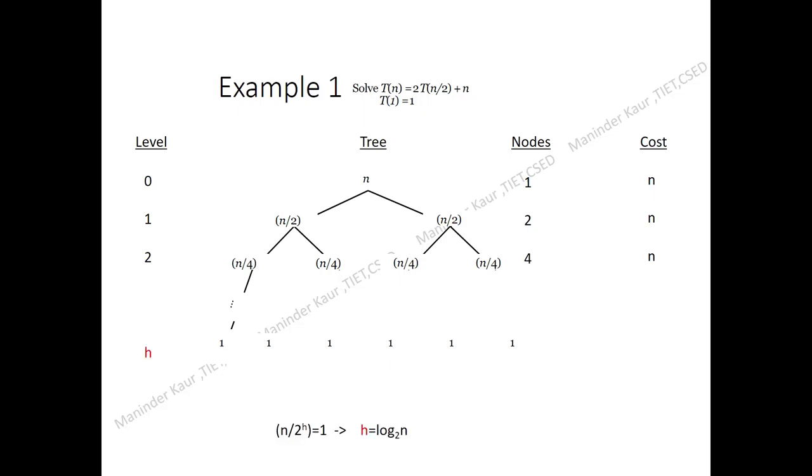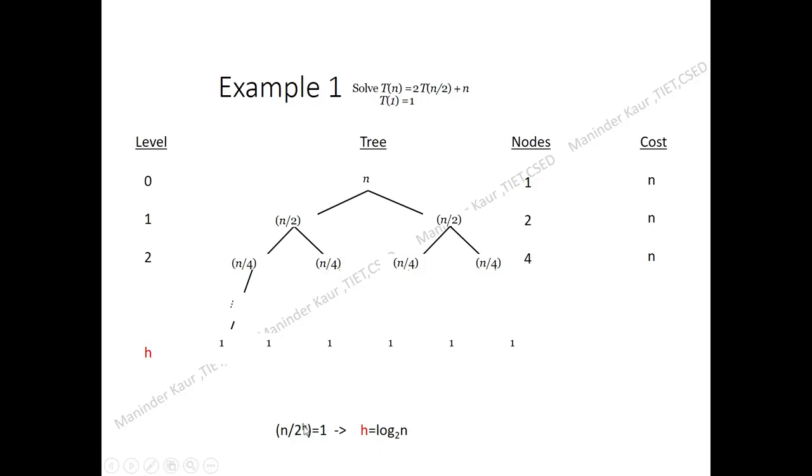Now how do we get this last level? Let the last level be at position h. H is the last level. What is the specific condition for the last level? We can write n divided by 2 to the power 0, n divided by 2 to the power 1, n divided by 2 to the power 2, and in the general case, n divided by 2 to the power h.